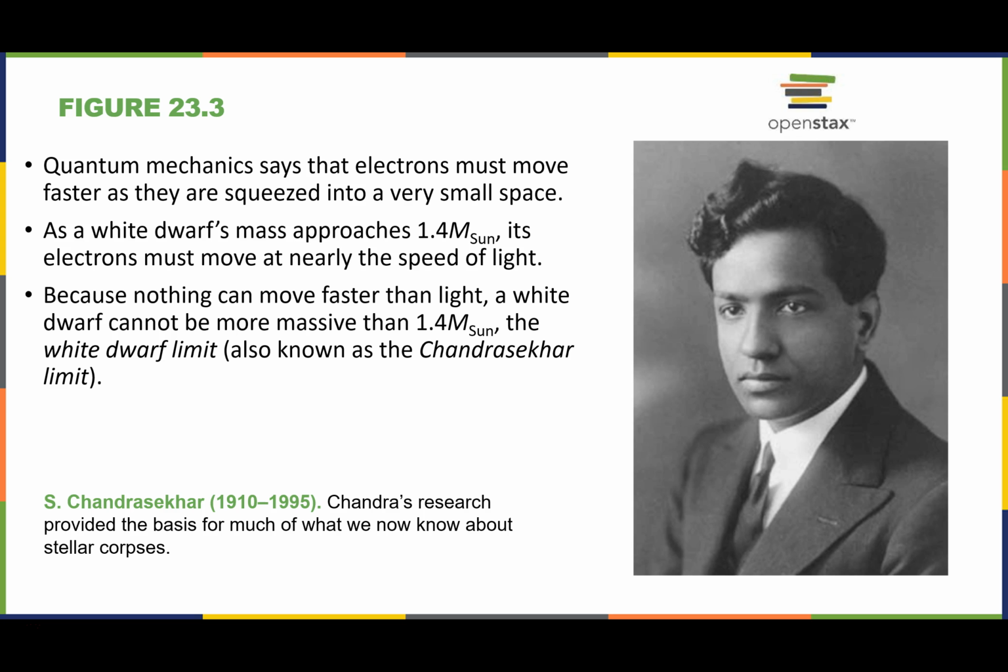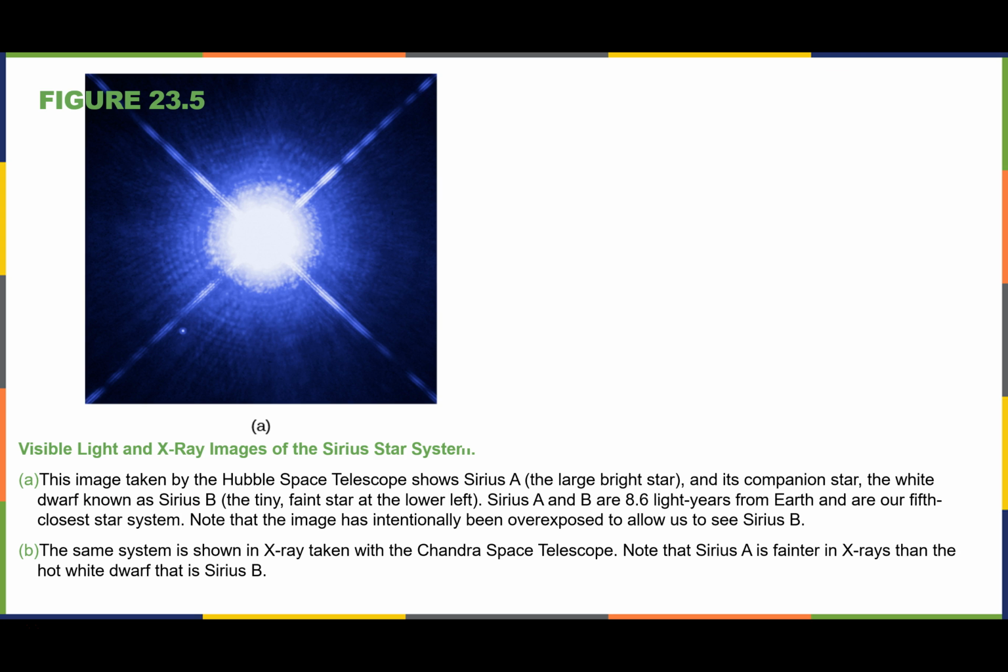He said white dwarfs, WD, need to be less than 1.4 times the mass of our sun. If your white dwarf is any bigger than that, something's going to give. Yeah, it's an explosion. That limit is called the Chandrasekhar limit. Sorry, Dr. Chandrasekhar, for butchering your name.